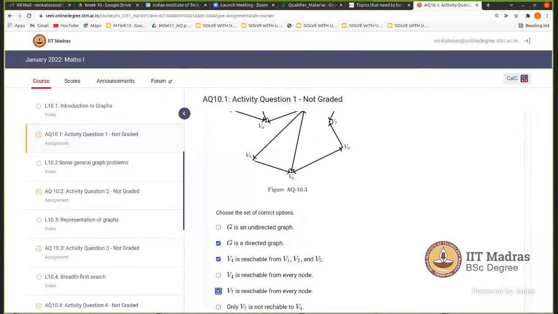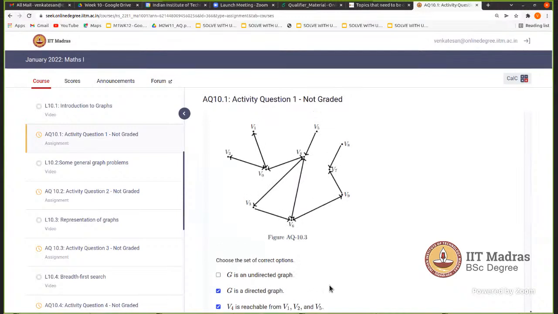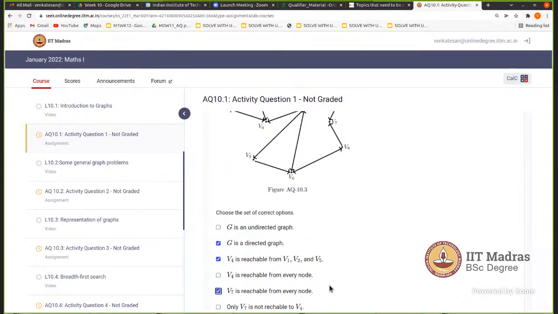It is saying that if you start from V7, you cannot reach V4, and only then you cannot reach V4; in every other case you can reach V4. But V8 also we cannot reach V4 from, right? So that option is false. We are talking about the last option.